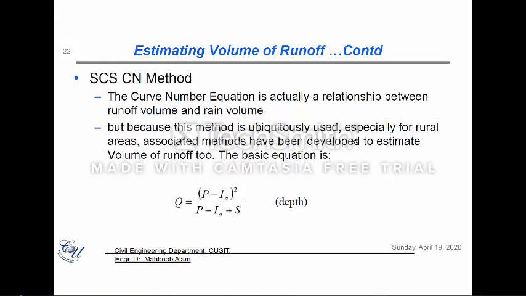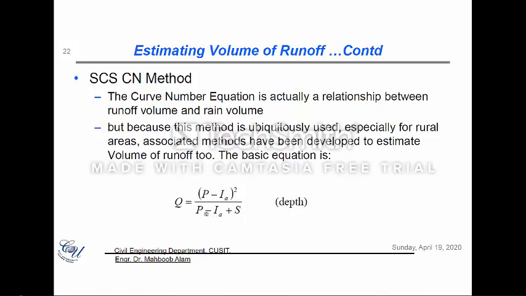Another method is the SCS-CN curve number method. It's also a very widely used method. This is the equation. You can read the text once you have the presentation with you. So precipitation minus the initial losses, we'll see what the losses are, or we'll convert the losses to some other thing in the coming slide, and then it would be easier to use that formula.